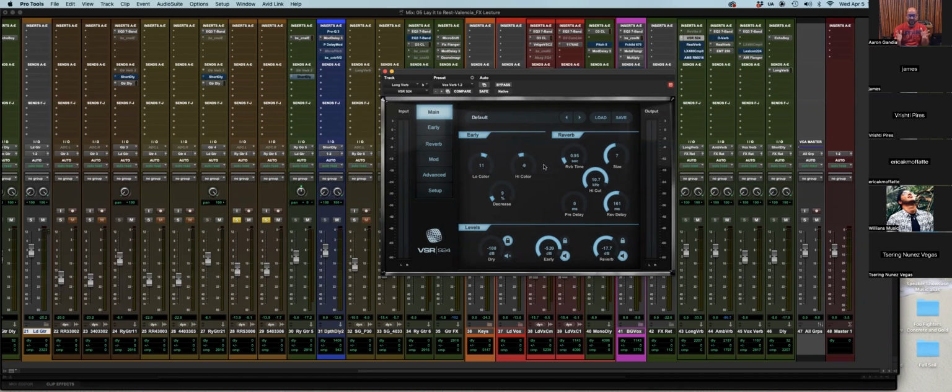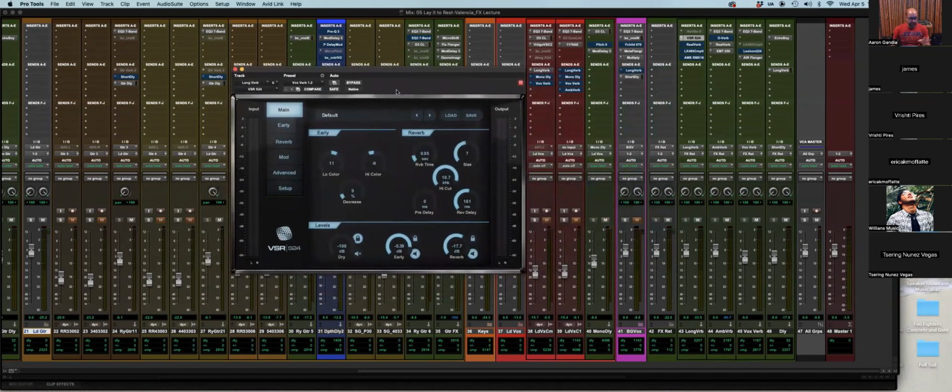There are settings that you can have them crosstalk or sum to mono if you want that type of effect, but true stereo reverb means the left and the right are independent from each other. That's the only way to create real depth. So be careful with what plugins you use and do some research to make sure that you are getting a true stereo reverb.